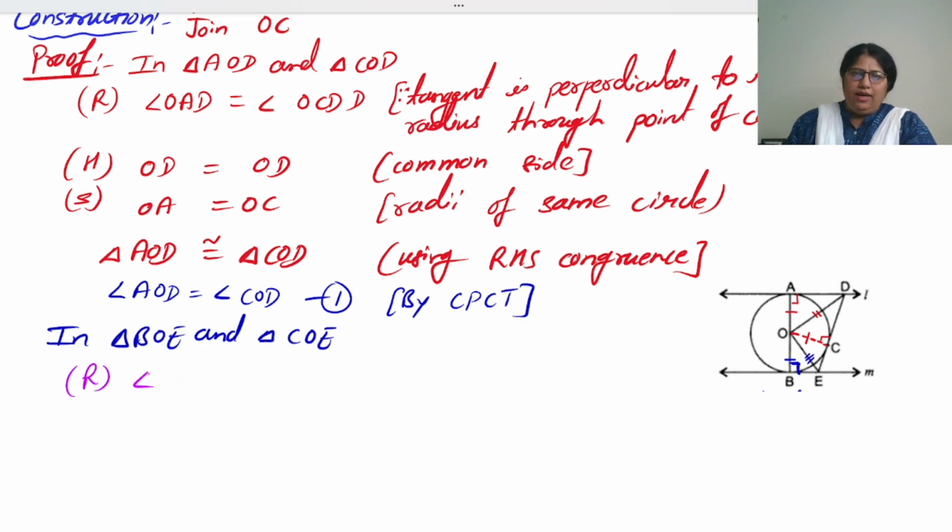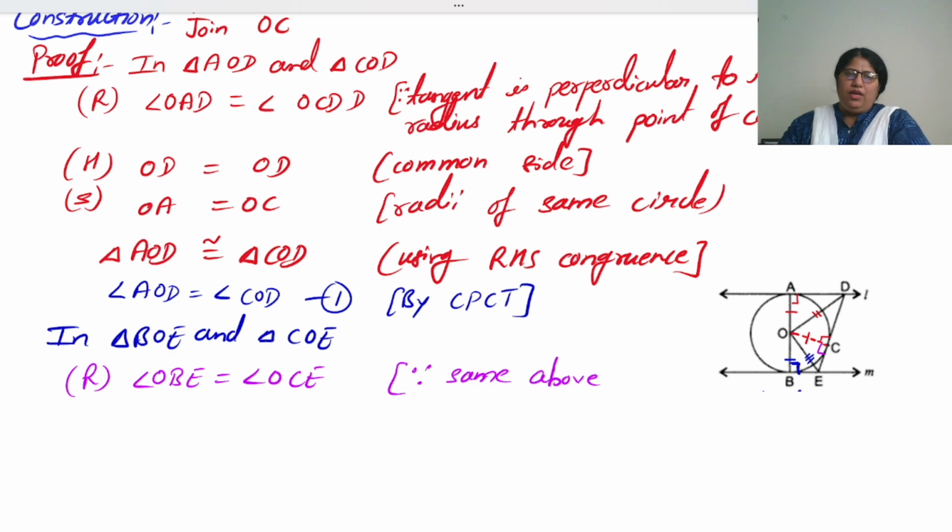Here angle OBE is equal to angle OCE, right? Each angle is going to be equal to 90 degrees. The same above reason. Please rewrite the statement. I'm just writing the same above reason, that says the tangent is perpendicular to the radius through the point of contact, right?